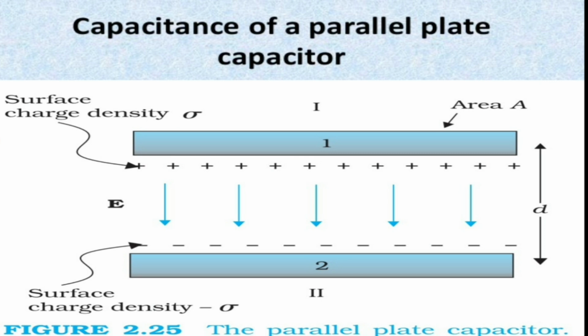The upper plate has surface charge density plus sigma, and the lower plate has minus sigma. Since we have charged plates, there will be an electric field in between the plates, and outside the plates also we will find the electric field. That's what we are going to do now.